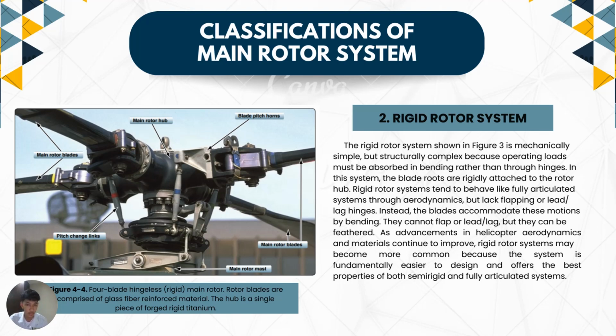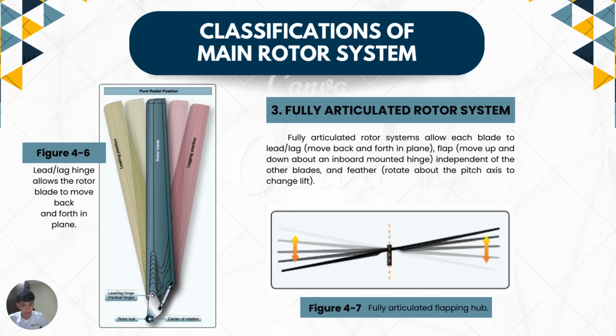In this system, the blade roots are rigidly attached to the rotor hub, and rigid rotor systems tend to behave like fully articulated systems through aerodynamics but lack flapping or lead-lag hinges. Instead, the blades accommodate these motions by bending, and they cannot flap or lead and lag, but they can be feathered.